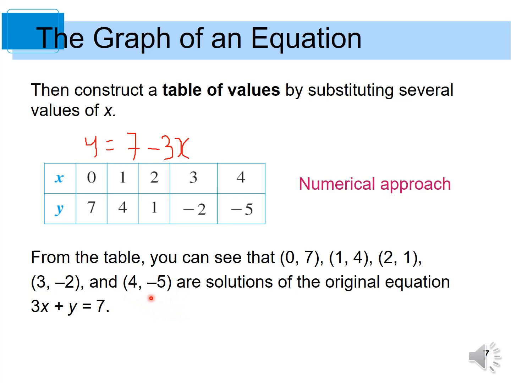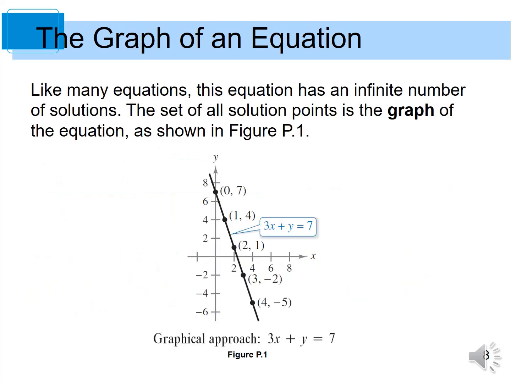Once we finish our second step, we proceed to the third step. Based on the solutions you obtained from your second step, you plot them on the graph. So here are the solutions you obtained.